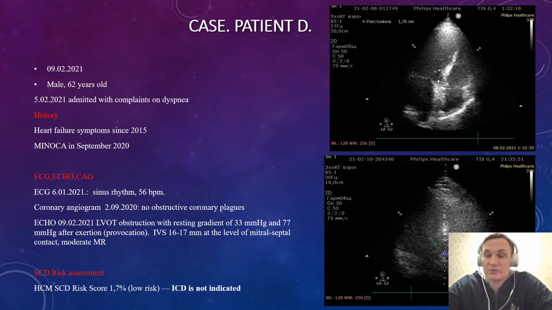Moderate MR was also present, and on the pictures on the right, in the 5-chamber view, you can see 70 millimeters of thickness of the basal septum, and you can see the long anterior leaflet, 31.